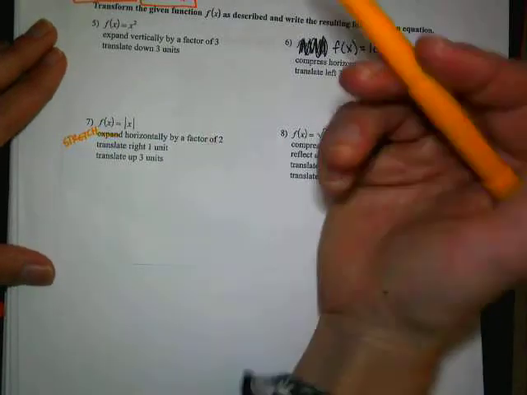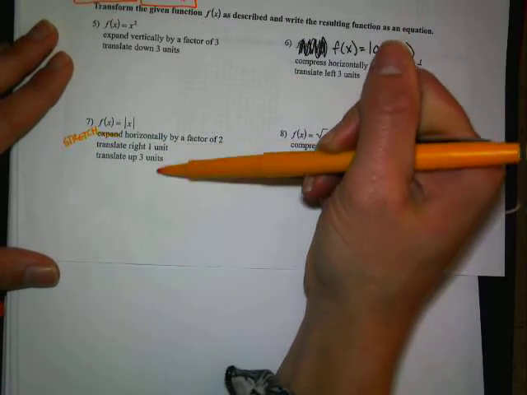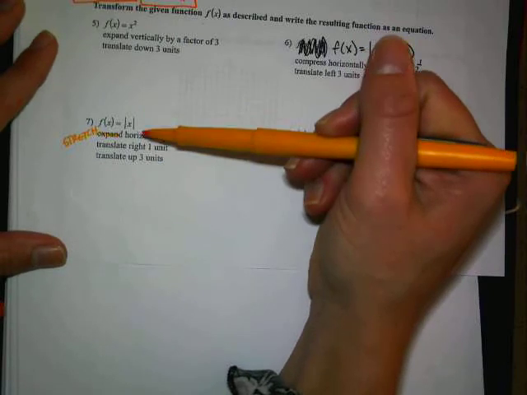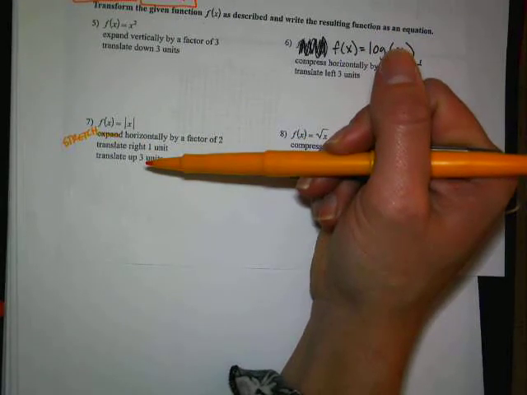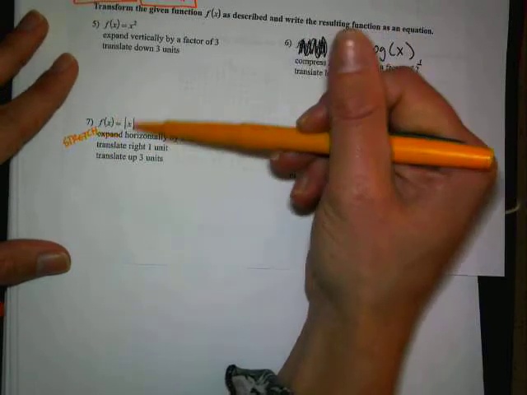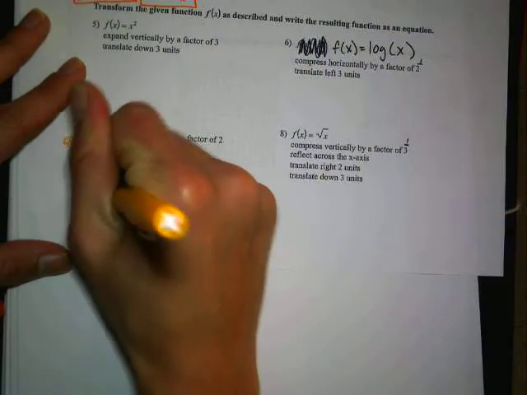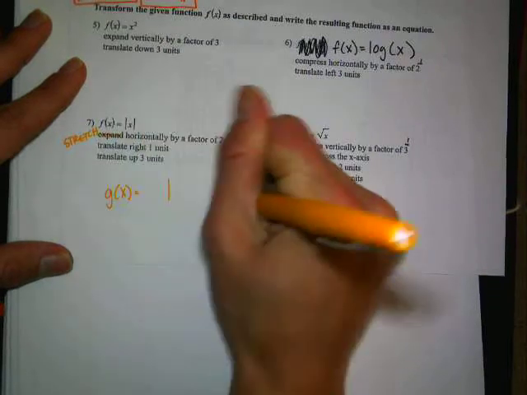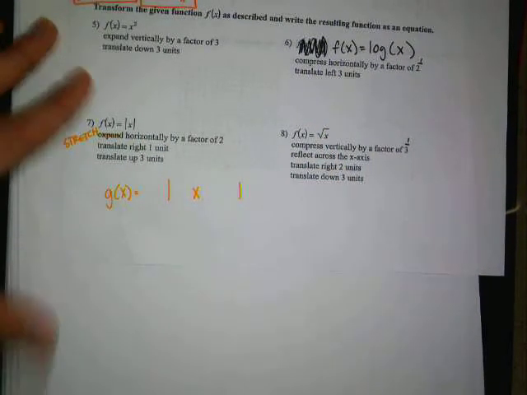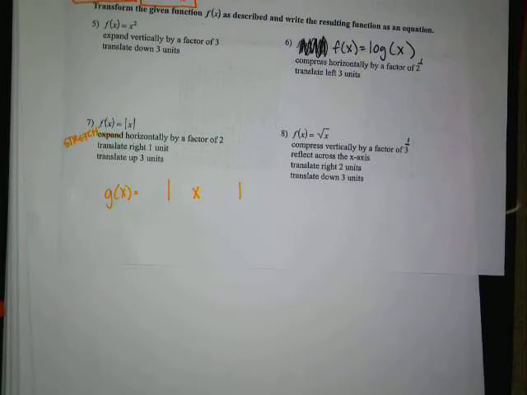All right, make sure you're paying attention because this part is where I think you're going to get confused. These are my translations, and I have to put them into my function. So I'm going to write my function and leave blanks for my A, B, C, and D spots.